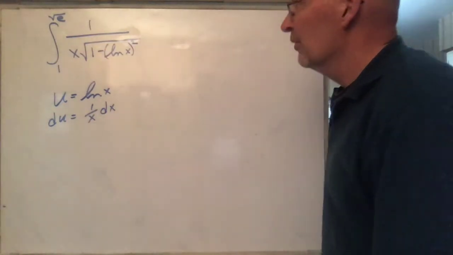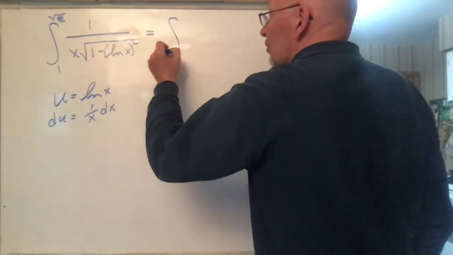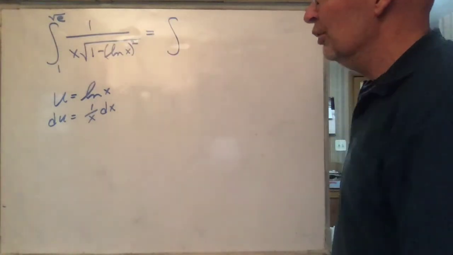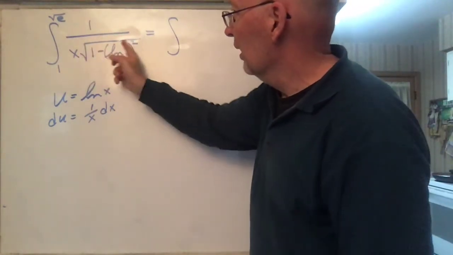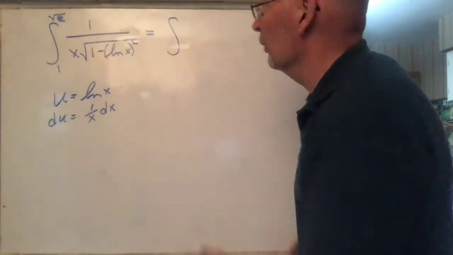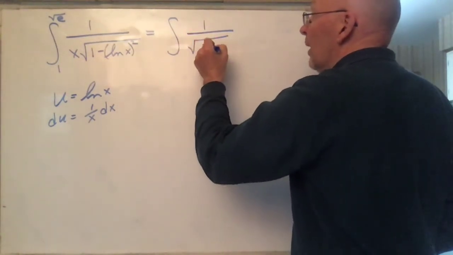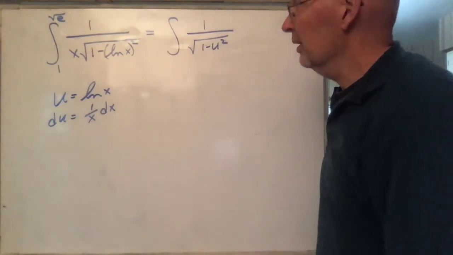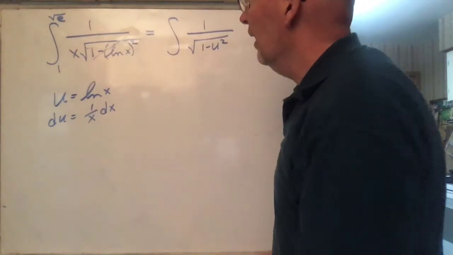Okay? So let's go ahead and see if we can get this all in terms of u now. Here we go. It's going to be square root of 1 minus u squared. So it's going to be 1 over square root of 1 minus u squared. That takes care of all this. Now, what do I have left?